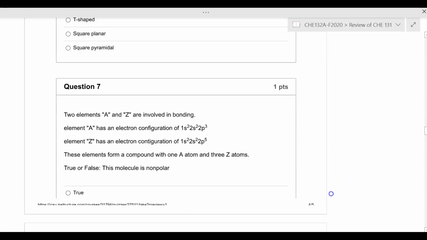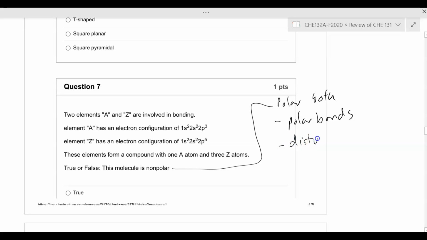And we're asked, is this molecule polar or non-polar? So building on the one about electronegativity, to be polar, you have to have polar bonds, which differ in electronegativity by greater than about 0.3 or 0.4, and you've got to have some kind of disturbed symmetry.